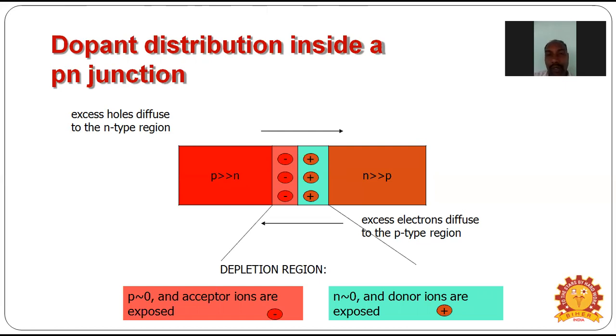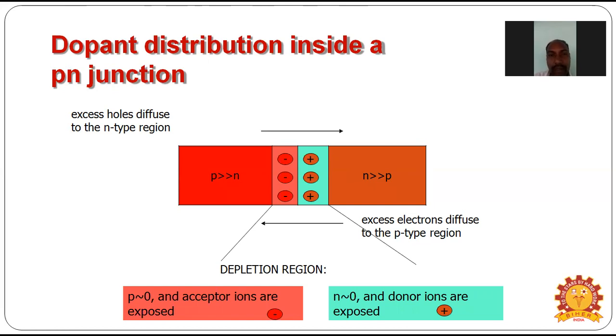We saw the last diagram also in the same way. The only difference from the previous diagram is that in this one, the collision takes place in the center of the region. The acceptor ions are exposed, and donor ions are exposed.